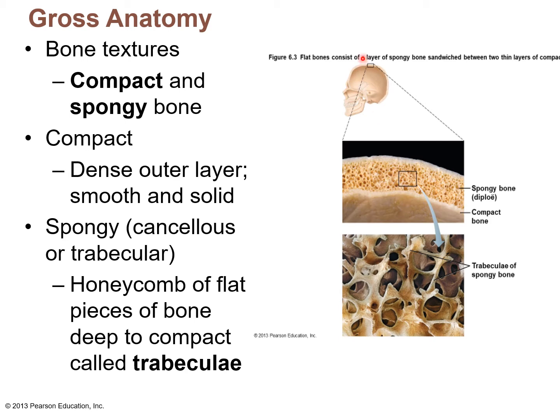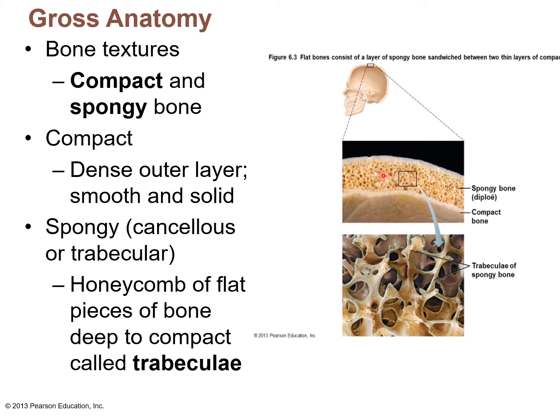So if you're looking at a skull, the skull is made out of two layers, as you can see right here, of the compact bone, and inside would be the spongy bone. Now, again, you will only see the spongy bone if you crack the skull open.